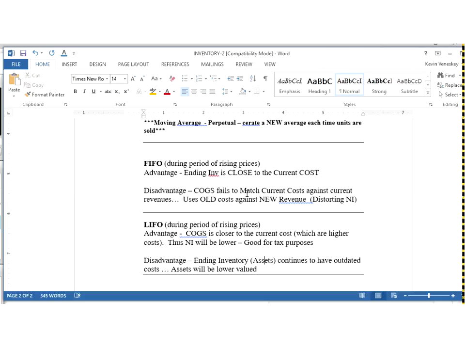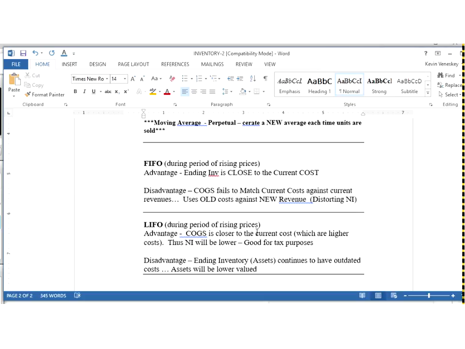Whereas a disadvantage for FIFO is your cost of goods sold. For FIFO, your cost of goods sold are going to be at the lower cost because they're using the older numbers, the numbers that were originally there. Therefore, my net income may be a little too high because I'm using those old, cheaper items to cost out. So my net income could be distorted a little bit.